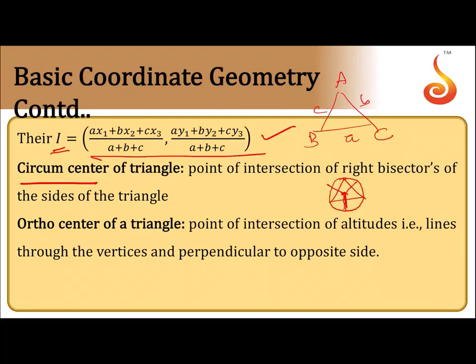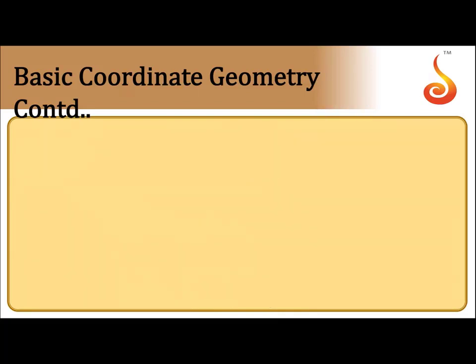With that as center, if you construct a circle passing through the vertices, that is called the circumcircle, and its radius is called the circumradius. Now the orthocenter of the triangle. In any triangle, if you drop the perpendicular from each vertex to the opposite side, these perpendiculars meet at one point, and that point is called the orthocenter of the triangle.